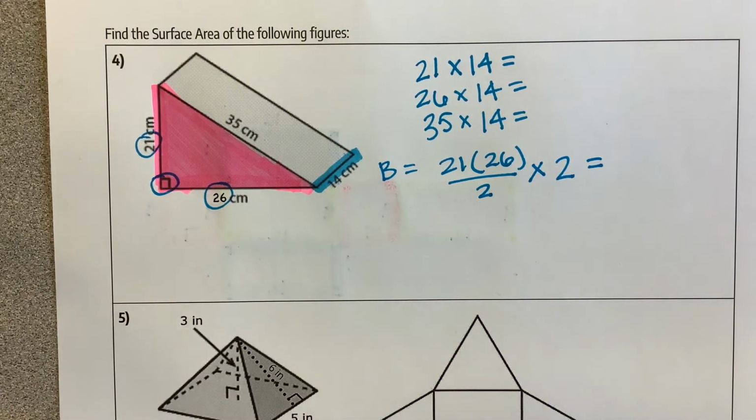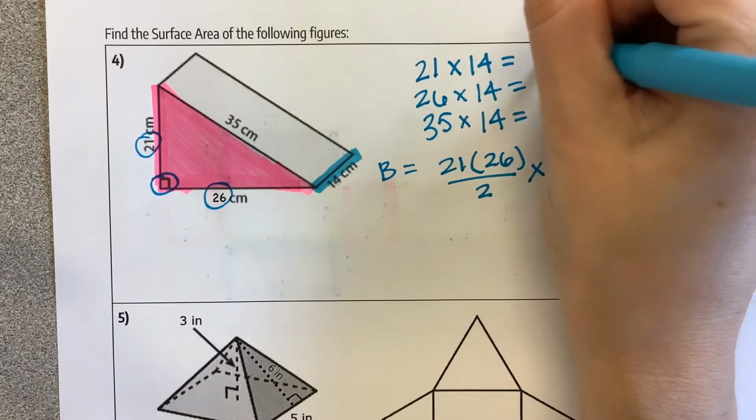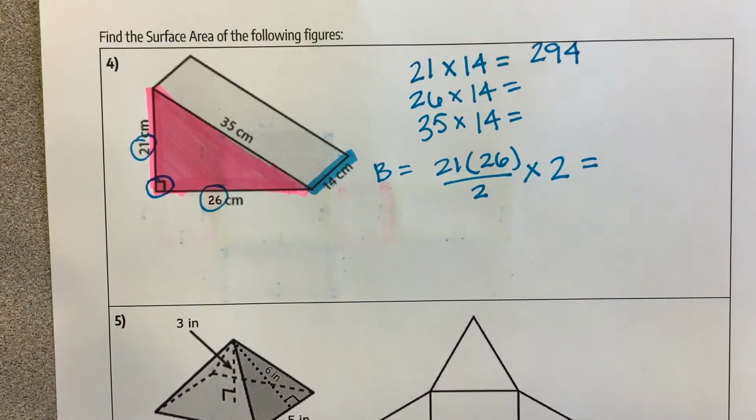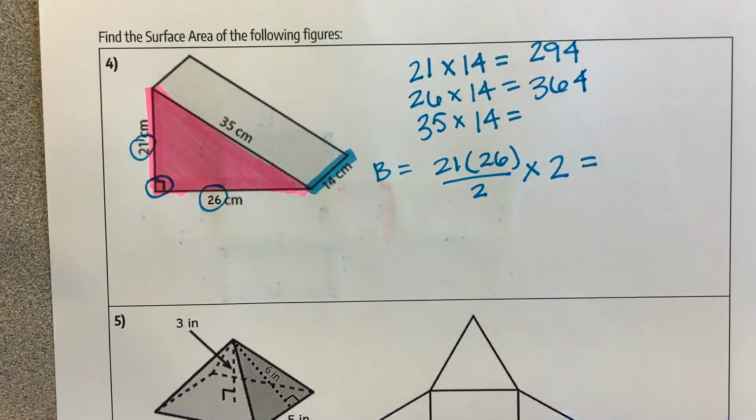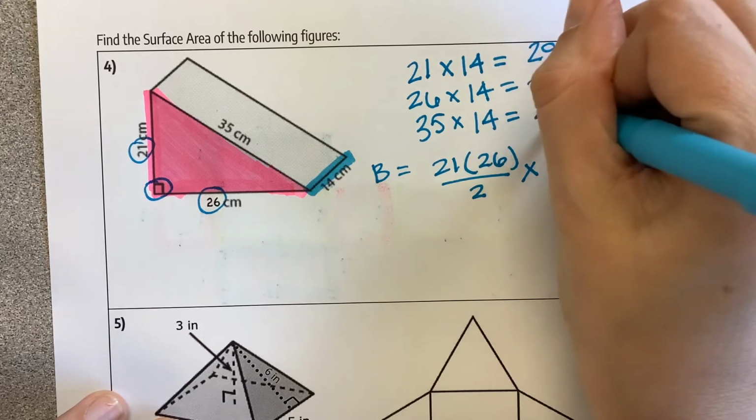So for the 21 by 14, I get 294. For the 26 by 14, I get 364. For the 35 by 14, I get 490.